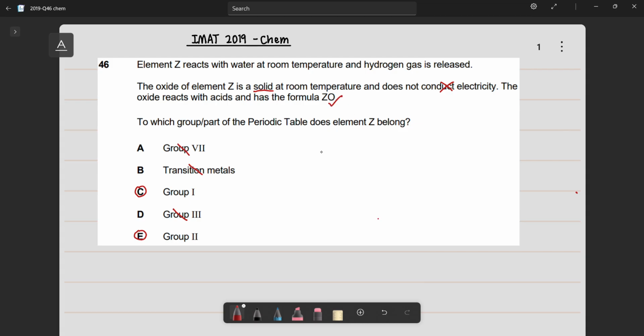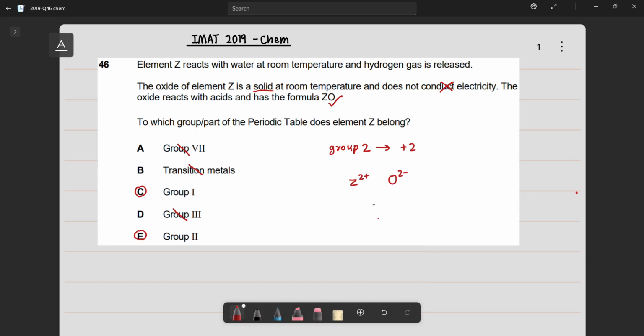Now we can confirm clearly that it's a group 2 element, because all the elements in group 2 form an oxidation state of 2 plus, meaning they have 2 electrons in their valence shell, and they lose 2 electrons to form a bond with the other element. Since they mentioned the oxide, let's consider Z 2 plus, and for oxygen it is 2 minus.